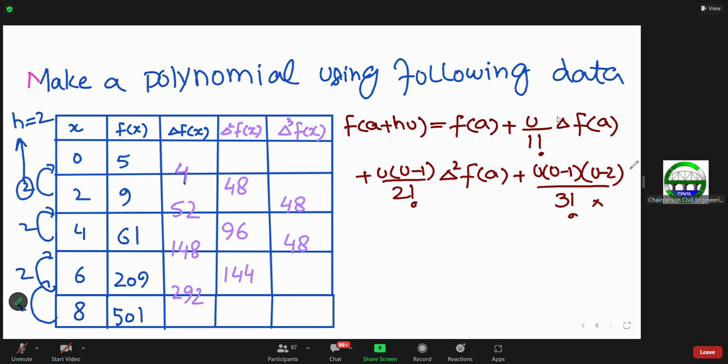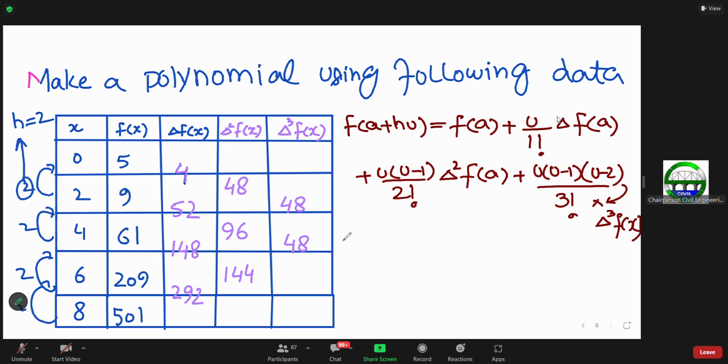It is not in the denominator, it is with this one, so there is no space, that's why I am just writing it here.